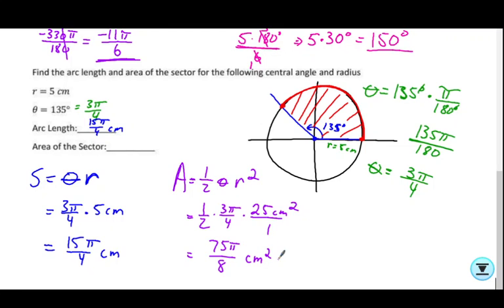So that is my answer: 75 pi over 8 centimeters squared. Okay, so the hardest part of this problem is A, remembering the equations, but B, making sure that we convert our radians, or sorry, our degrees to radians.